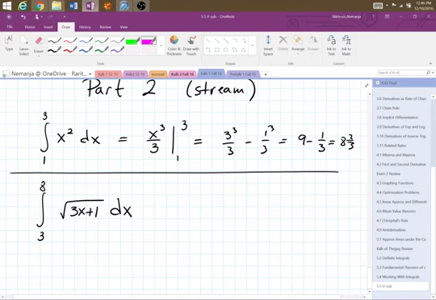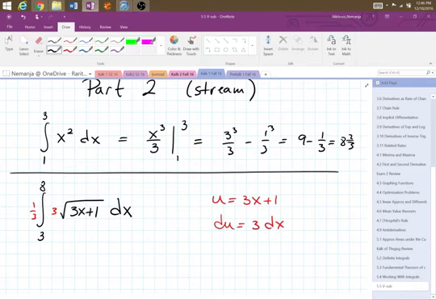So now, if I swap and say u equals 3x plus 1, where du is 3dx, I need a 3 and a 1/3. I am swapping the variables from x's to u's, which means that these limits that used to be x1 equals 3 and x2 equals 8 are no longer good because those were x limits.